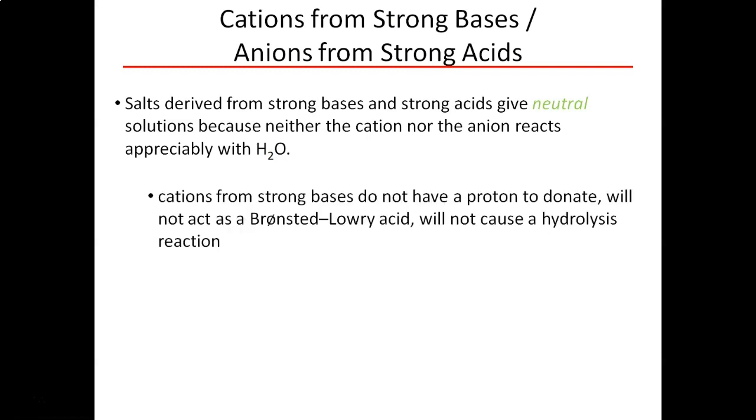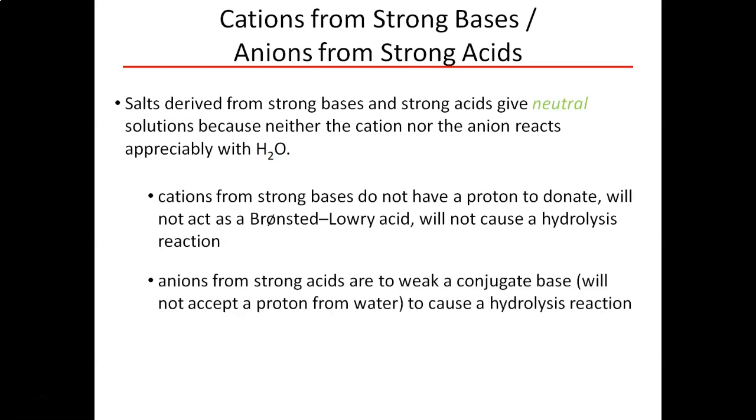The reason is my cations do not have a proton to donate, so therefore they can't act as a Bronsted-Lowry acid. My anions, because they're from a strong acid, are too weak of a conjugate base, so they will not accept a proton from water. So they won't cause a hydrolysis reaction either.